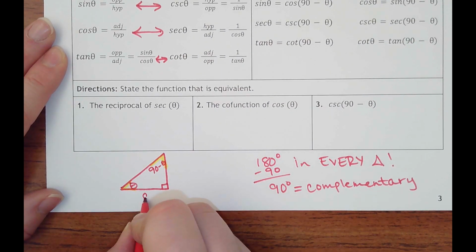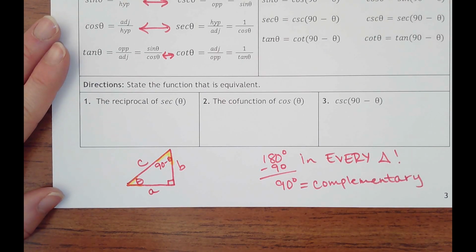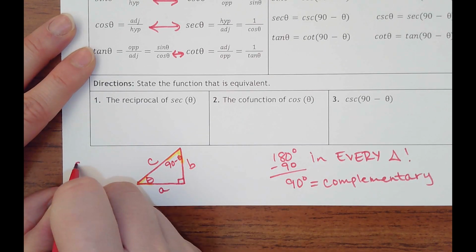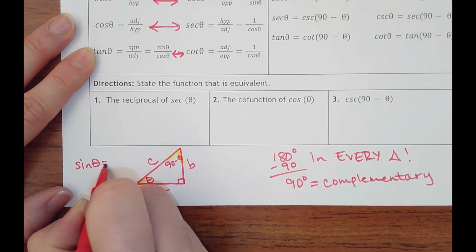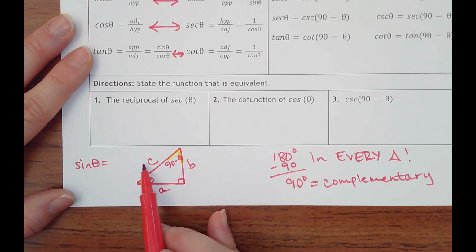Then I'm also going to label the sides of this triangle, little a, b, and c. Totally random, just making it easy. And then I want to come up with sine of angle theta. So remember, sine from angle theta, that would be this angle here. And we want the ratio of opposite to hypotenuse, which would be b over c.